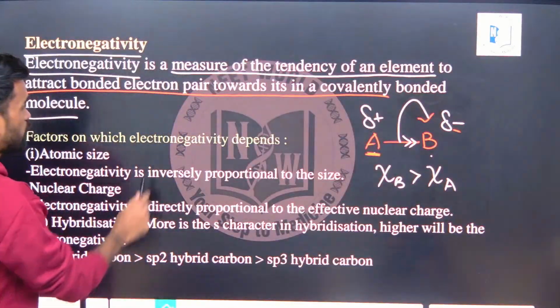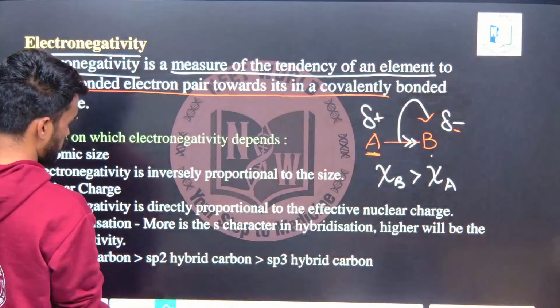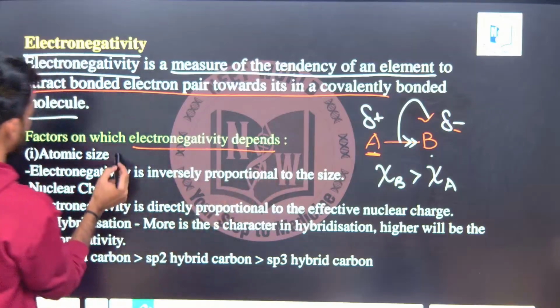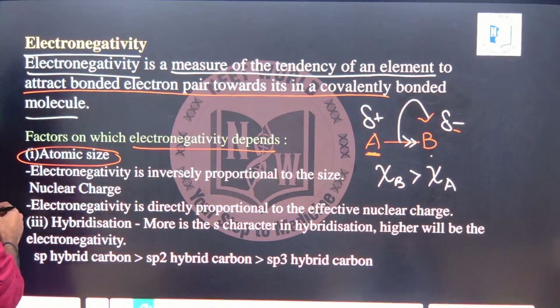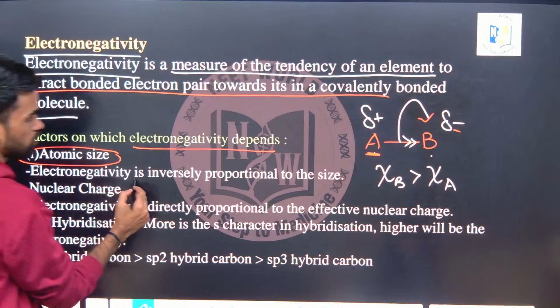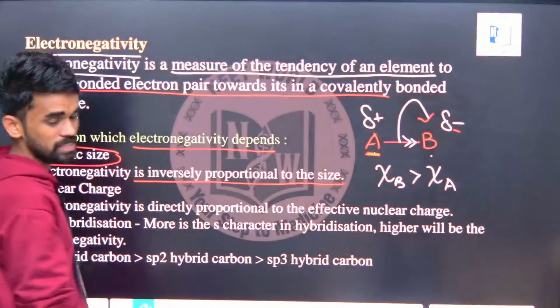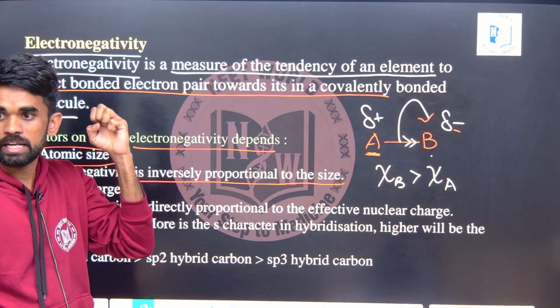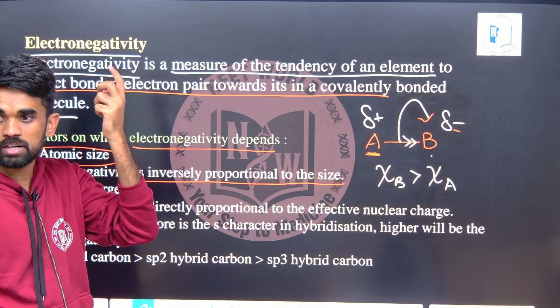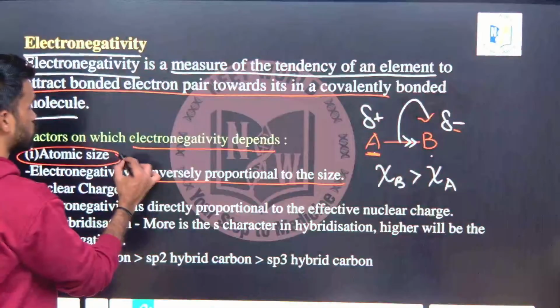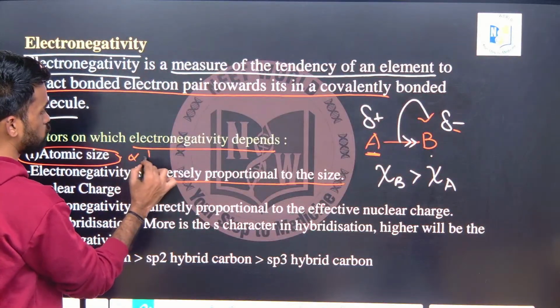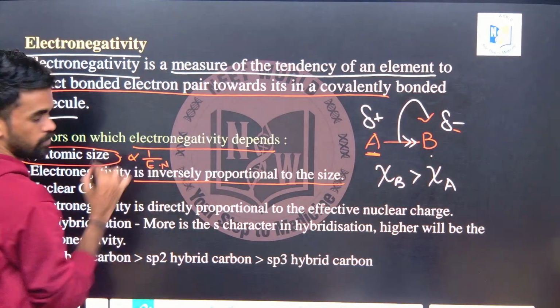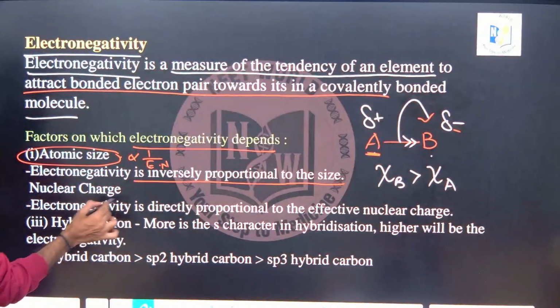Next, what are the factors affecting electronegativity? Size. Electronegativity is inversely proportional to size. Small size and more nuclear charge attract the bonded electrons towards itself, so it is more electronegative. Next, nuclear charge.